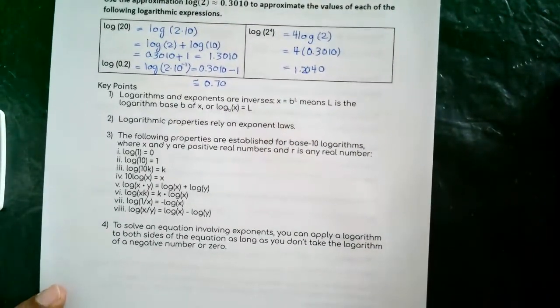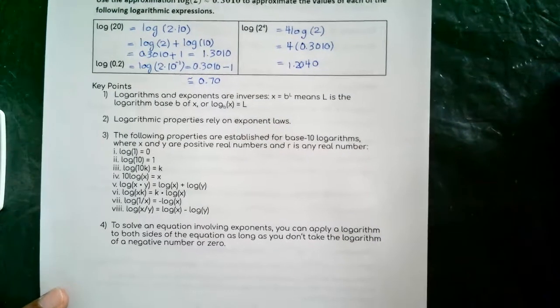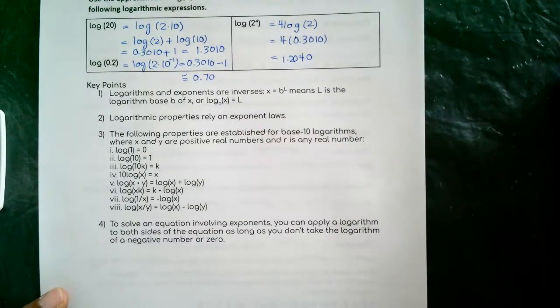So we know that logarithms and exponents are inverses. So if we have an exponential expression x is equal to b exponent L, that means L is the logarithm for base b of x. Okay, so x is the result when you have a base b and L is the exponent in the exponential expression, and L is the logarithm in case of a logarithmic expression.